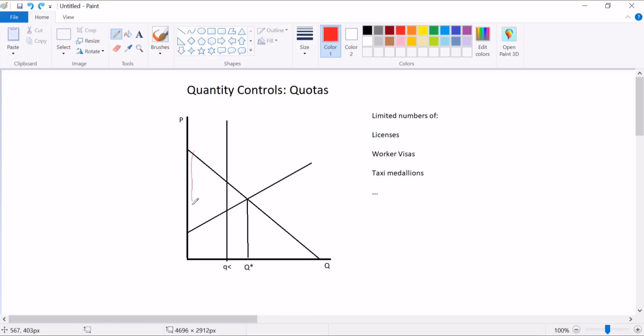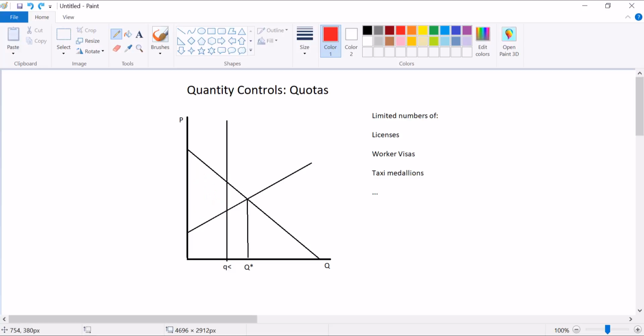And as long as willingness to pay is greater than willingness to sell, that's a mutually beneficial transaction. It helps buyer and seller, and so economists like to see it happen. And so we usually like to see any transaction occur where the demand curve is greater than or equal to the supply curve. And in equilibrium, that leads us all the way to this equilibrium point. That's the last point where the willingness to pay is greater than or equal to the willingness to sell.